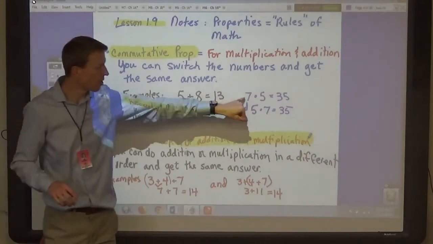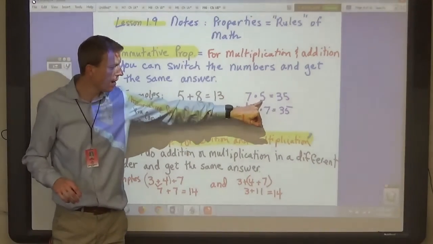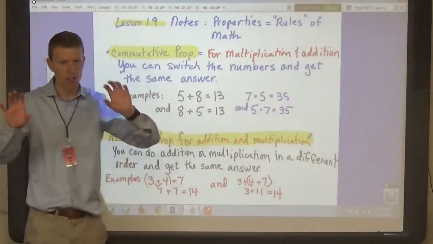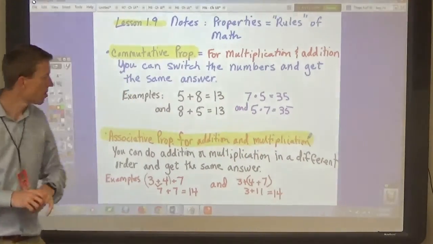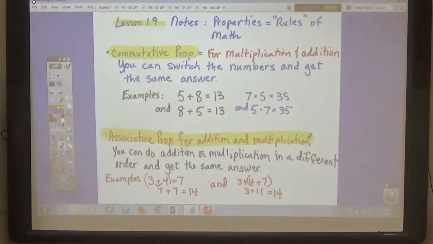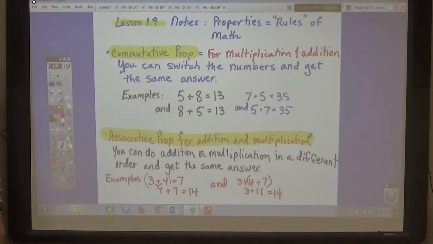Same for multiplication. 7 times 5 is 35, and 5 times 7 is 35. So you can reverse the order of the numbers and get the same answer. It's a pretty simple rule, but it can help you when you are solving a longer expression like we did with order of operations.